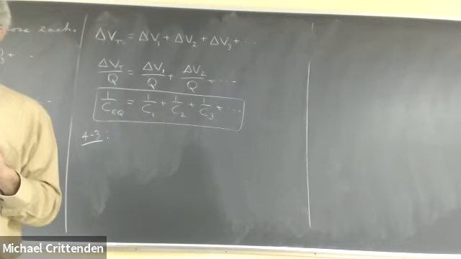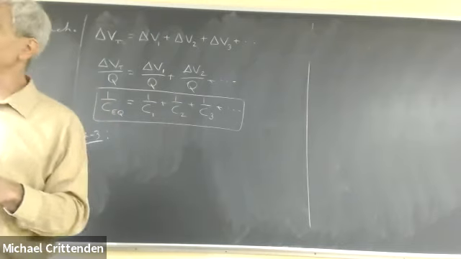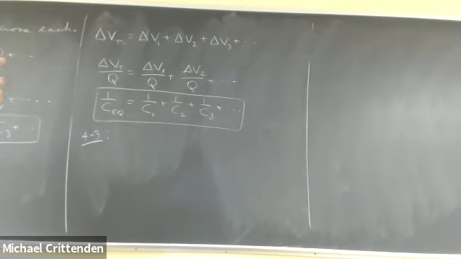This is not just a plug and chug, drop the numbers in and you've got the answer in one step kind of thing, because that's not exactly a series circuit. It's not exactly a parallel circuit. It's what I guess most people would call a series parallel combination. You have to kind of work your way through it in a couple of steps.